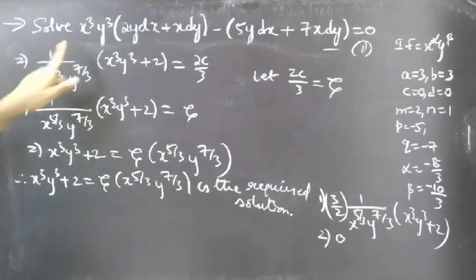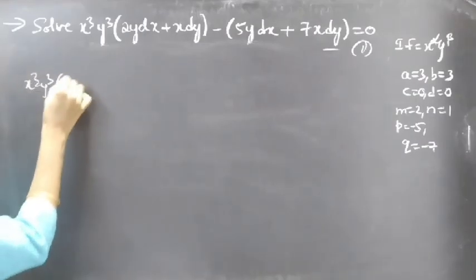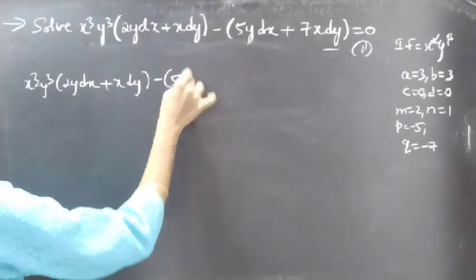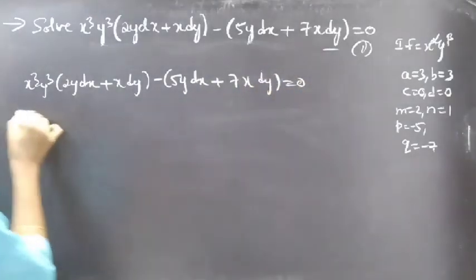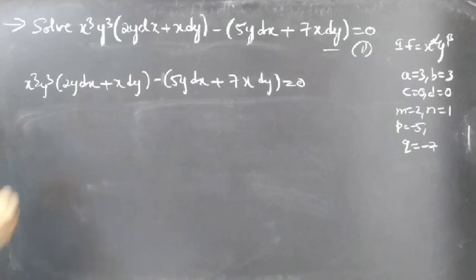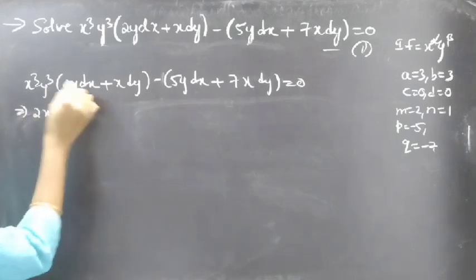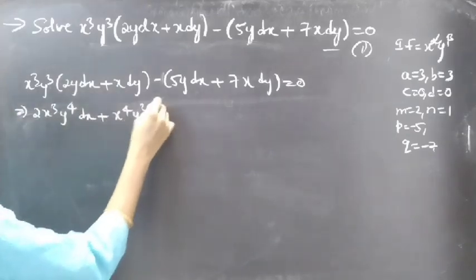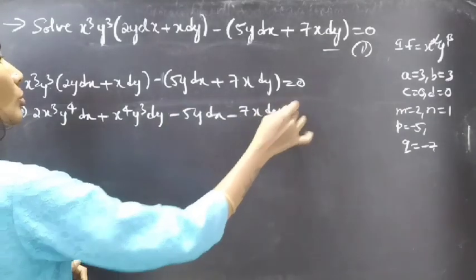Now let's see whether the given differential equation is exact or not. We can write the given differential equation as 2x cube y power 4 dx plus x power 4 y cube dy minus 5y dx minus 7x dy equal to 0.